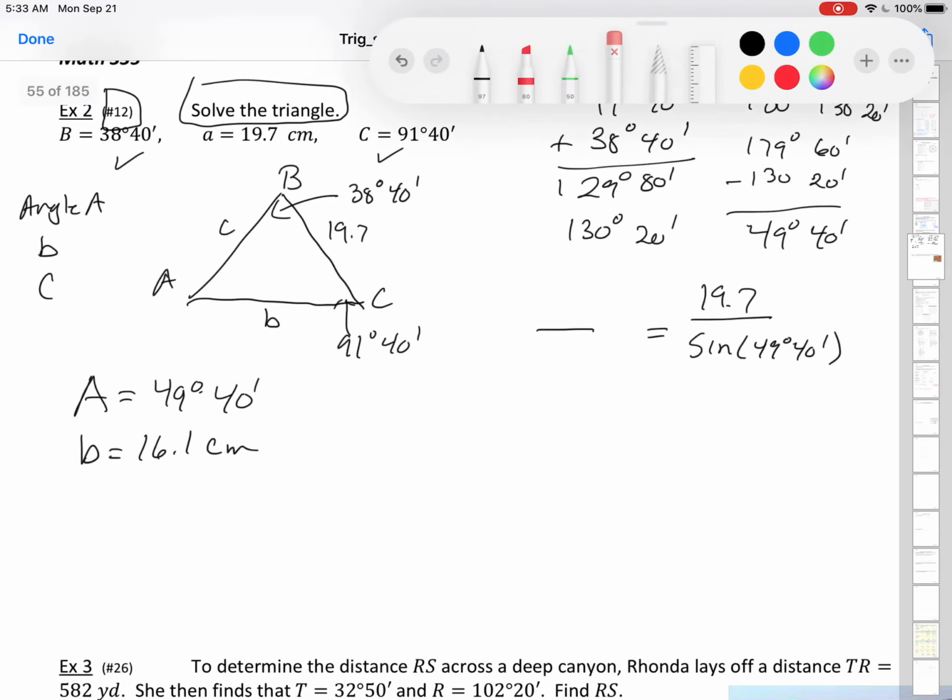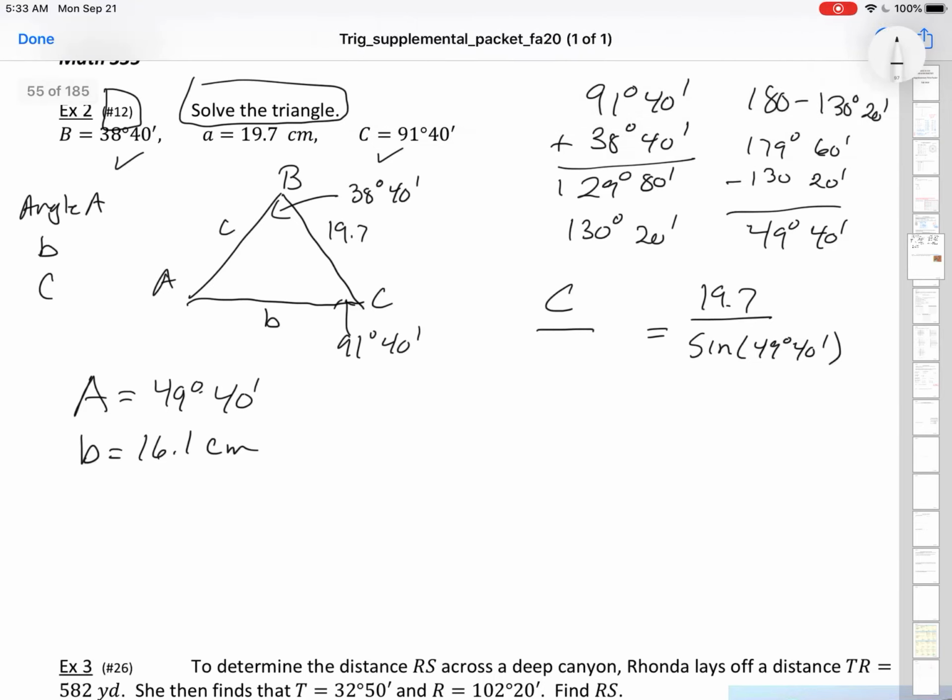And now when I want to figure out C, it's going to be the exact same thing. That's C over sine of 91 degrees 40 minutes is equal to that. We would do the exact same thing, run it through our calculator, and get a nice 25.8 centimeters. In order to save some time, I pre-ran that one.